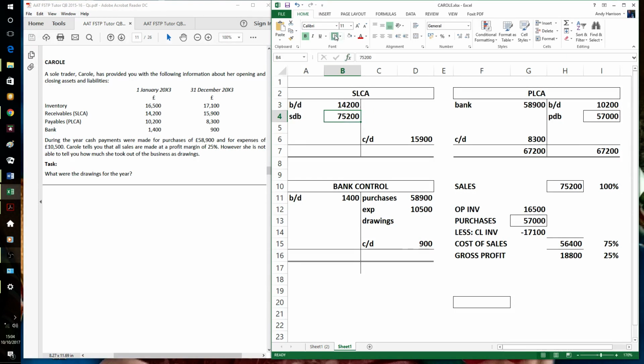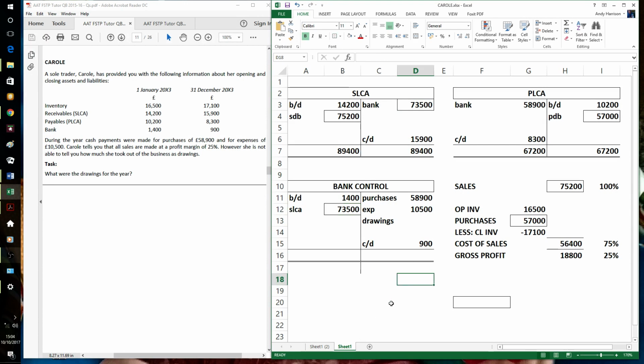One of our worked out figures, and now all we're missing is our bank figure. So balance them off. 73,500. That will help us work everything else out.